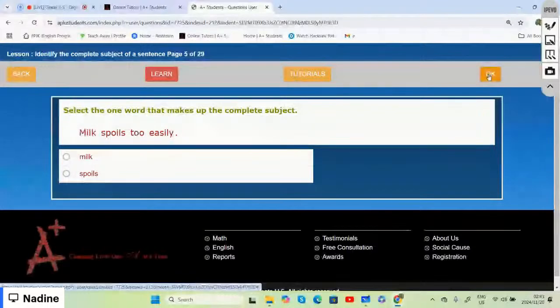And then the next one says milk spoils too easily. We need to select the one word that makes up the complete subject. Is it milk, option one, or spoils, option two?